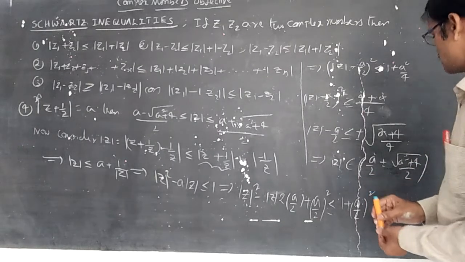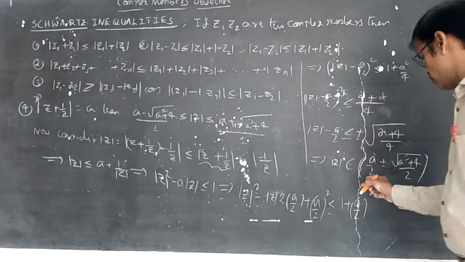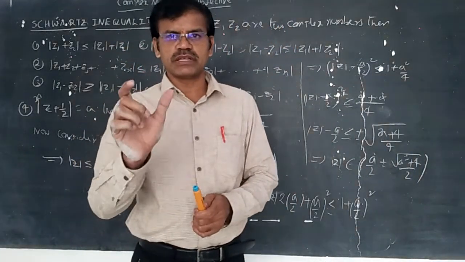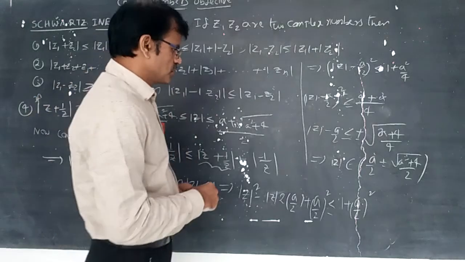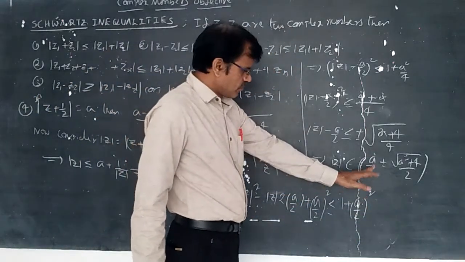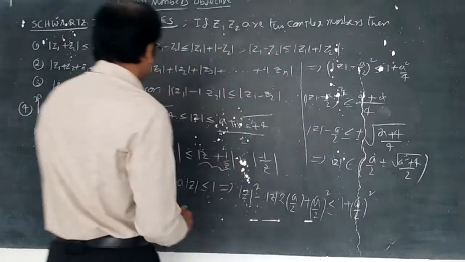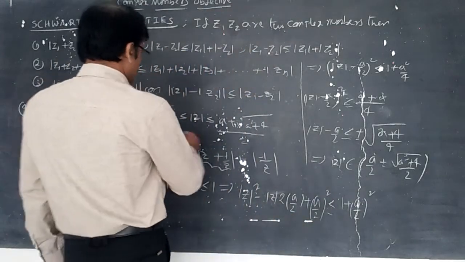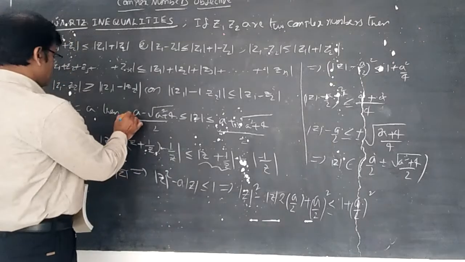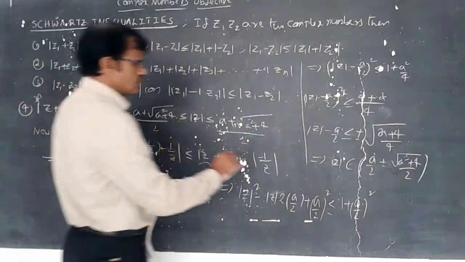So now we can say that, whenever modulus Z is less than 1, you can say minus 1 is less than mod Z is less than 1. In a similar way, you can write minus A by 2 plus or minus root, simply you are taking minus. So like this, correct, minus A.